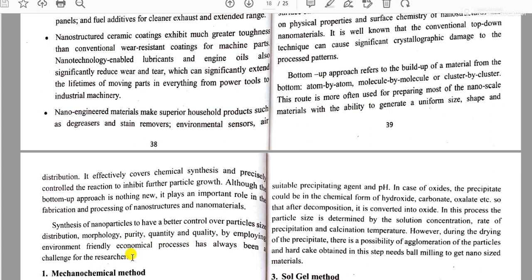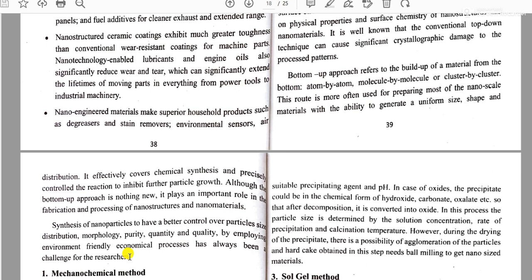The researchers who work in the field of nanochemistry or nanotechnology have to prepare nanoparticles that have better morphological control, high purity, or are defect free, and they have to prepare them in greater quantities.